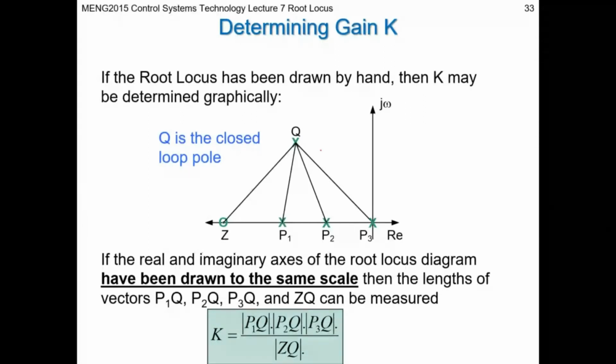If you do that, then you can literally just measure from Q to P1, Q to P2, Q to P3. Those are distances in centimeters now. Make sure that you scale it based on the scaling of your diagram, your root locus plot. Divide it by the distance between Q and Z, and that will give you the value of K.